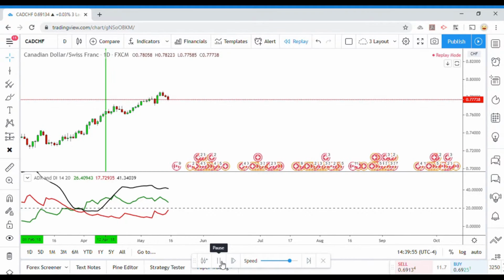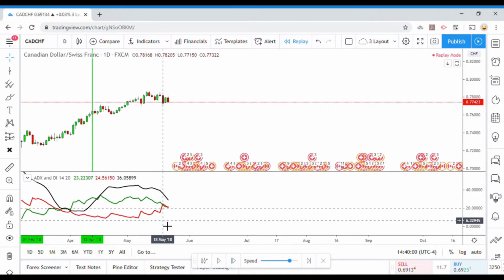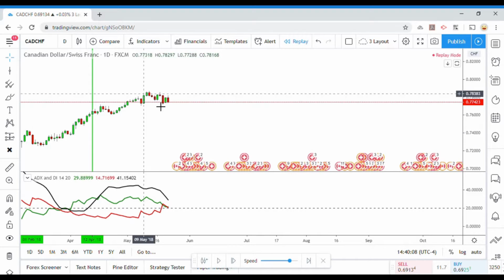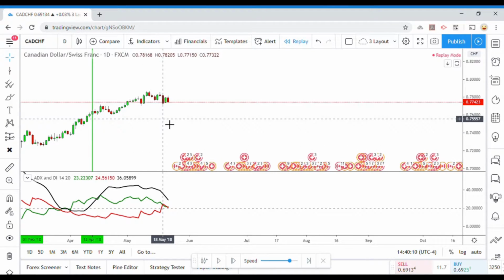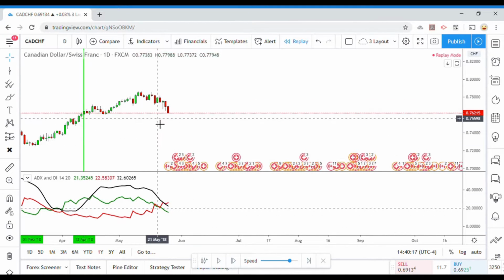Moving on. We had a cross right here from green to red. Our signal line is still above, so that would be a valid entry signal to go short.